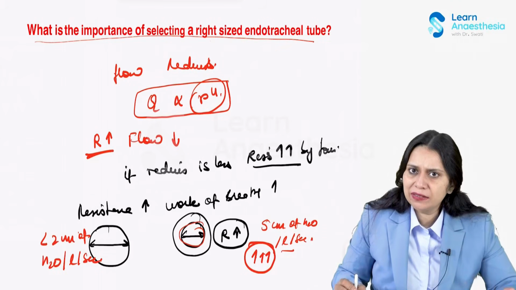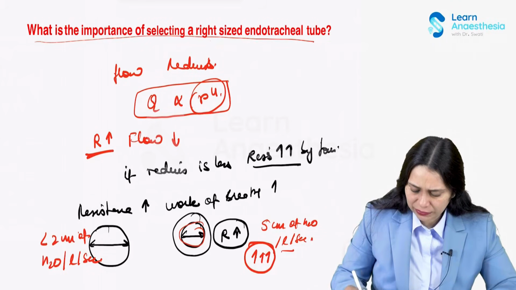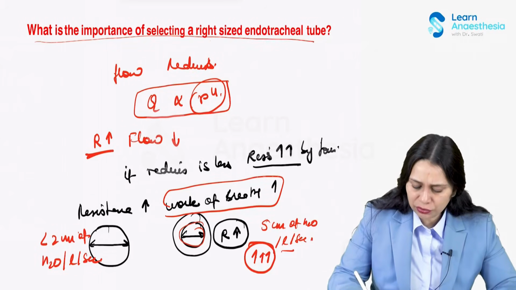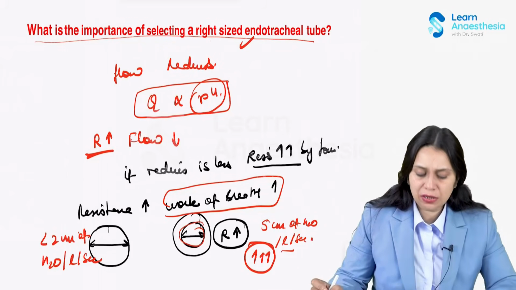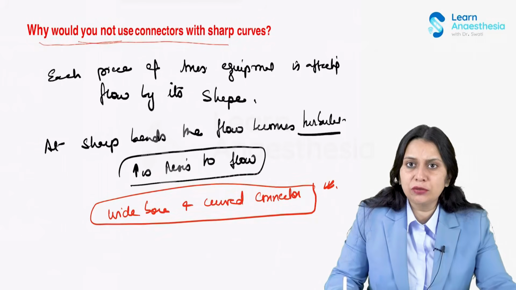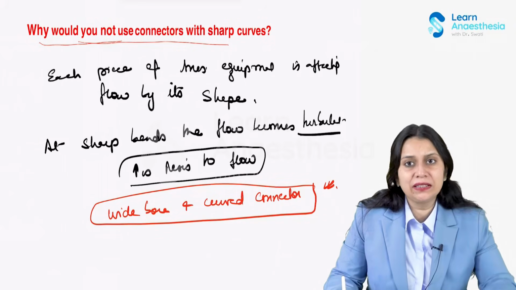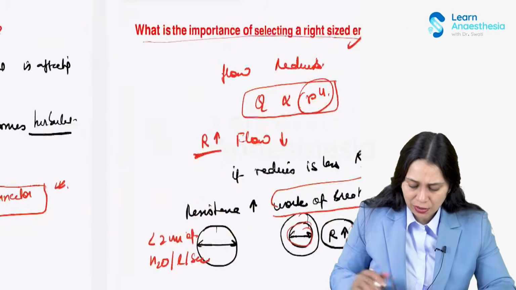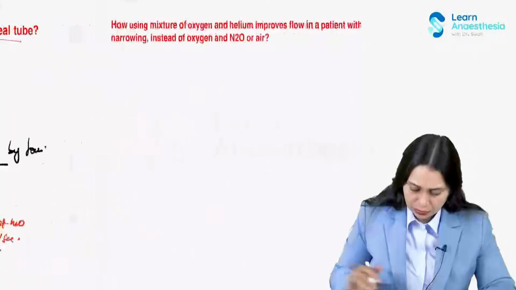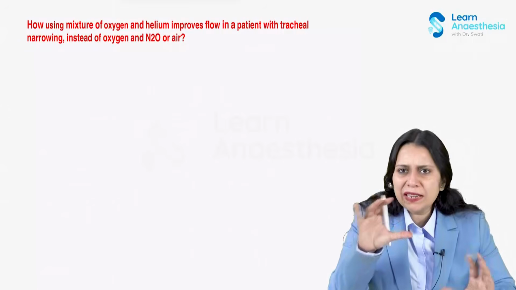And when the resistance increases, the work of breathing will also increase. So we need to use the right size endotracheal tube when we are putting it in the patient. A smaller size endotracheal tube will increase the resistance and increase the work of breathing.